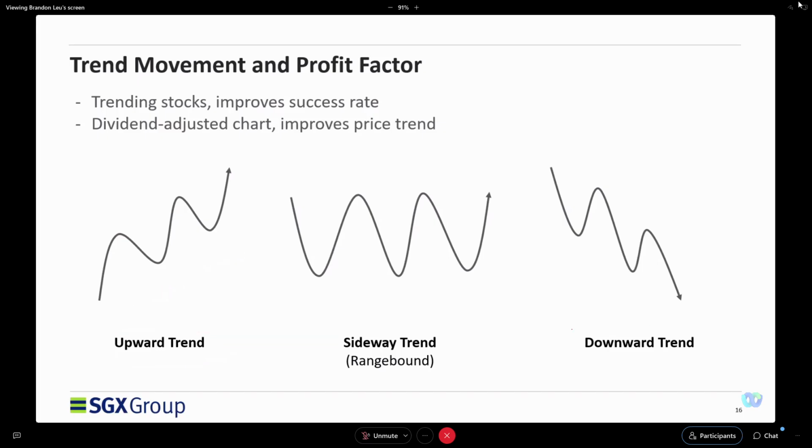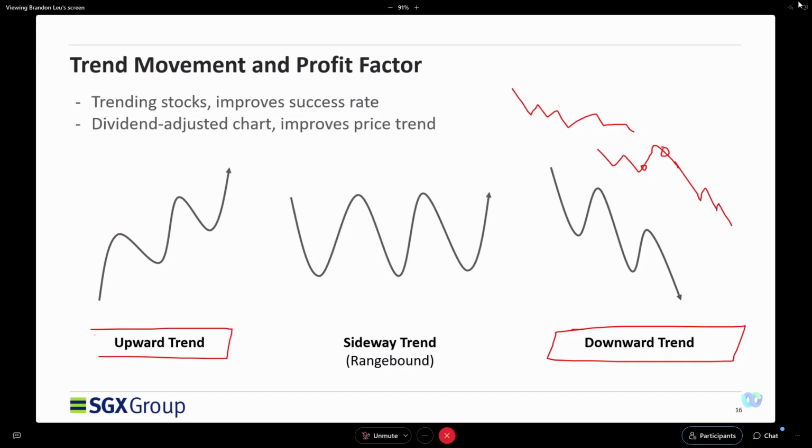Lastly, when we look at the downward trend stocks, some stocks just after IPO or after certain events just continue to go lower and lower. So if you include a trend strategy here, there may be some whipsaws here and there, and the price continues to trade lower. So always look at the overall chart to determine if the price is trading higher.